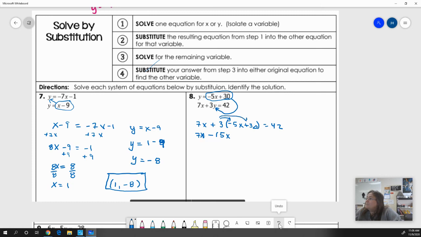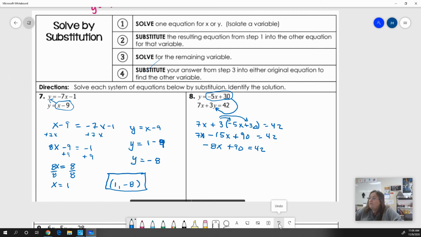Now I'm going to multiply 3 times this. Well, that's just plus 90. 3 times 30 is 90, equals 42. I can combine these two x's now. Now I have 7x minus 15x. Well, I know that's minus 8x plus 90 equals 42.